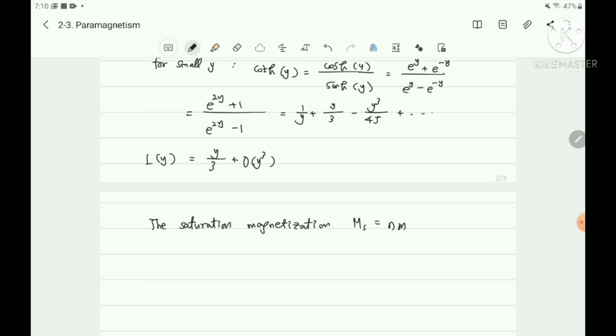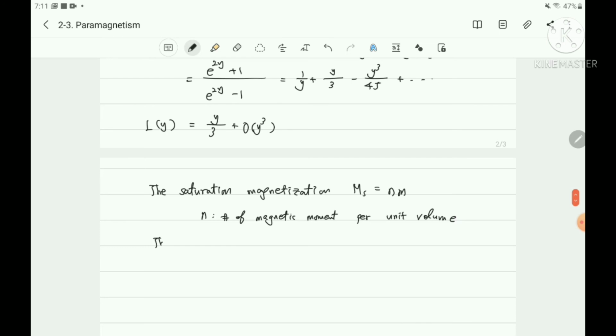Here, N is the number of magnetic moments per unit volume, and the magnetization is N times the average value of the magnetic moment.